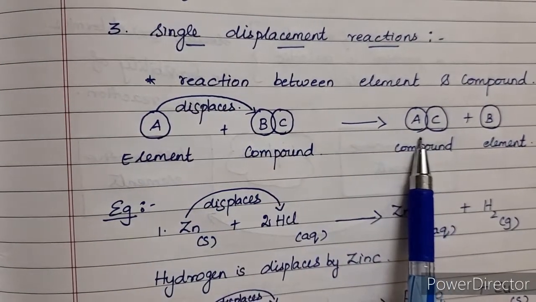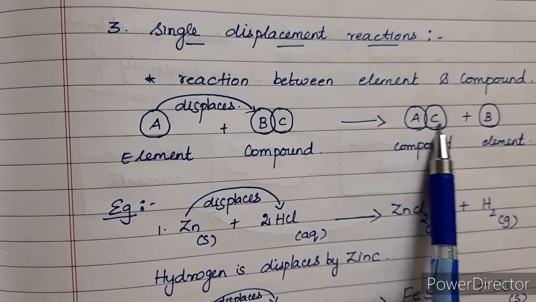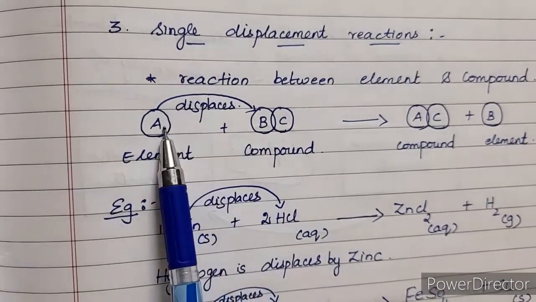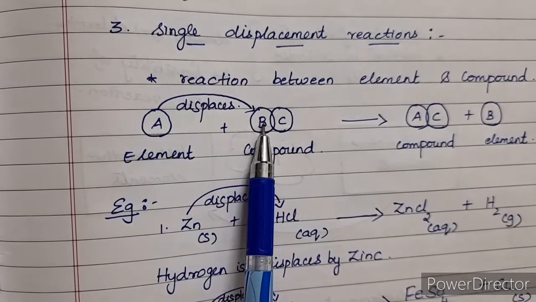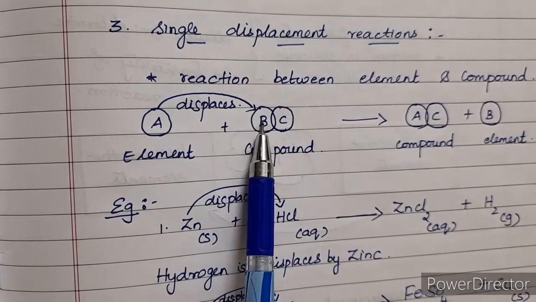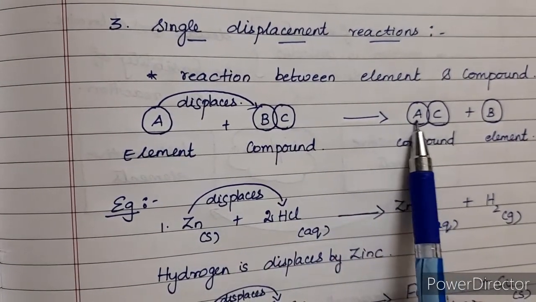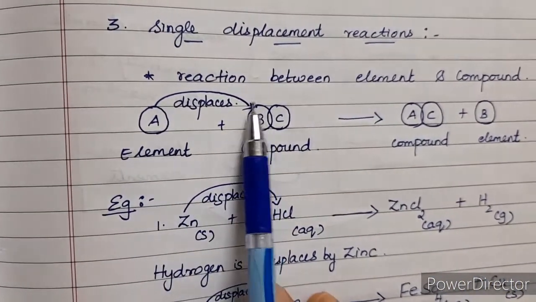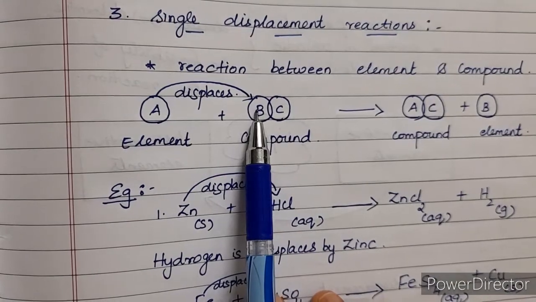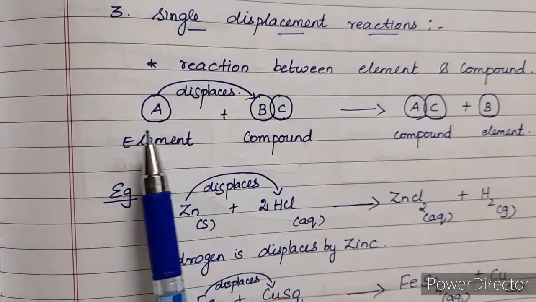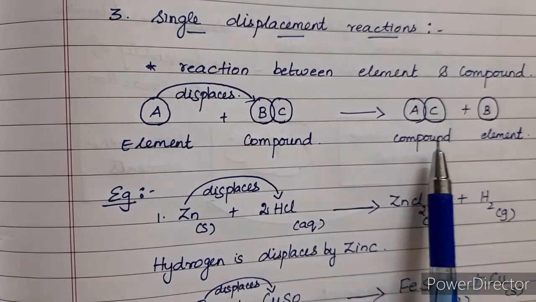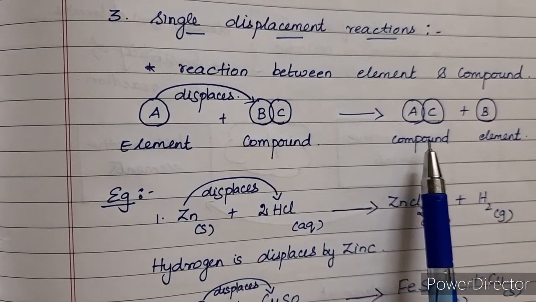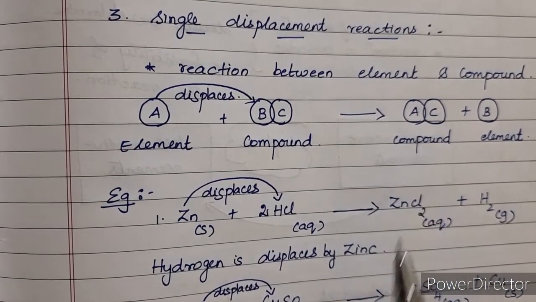Here you will get AC plus B. B is replaced by A, isn't it? So instead of BC, you will get AC plus B. One of the elements of the compound is displaced by the element and you get a compound and an element. So this is called a single displacement reaction.